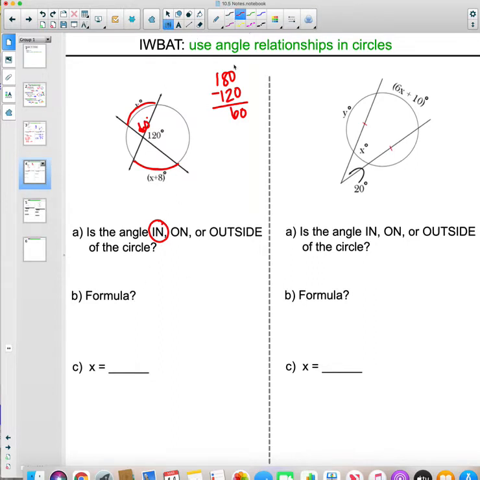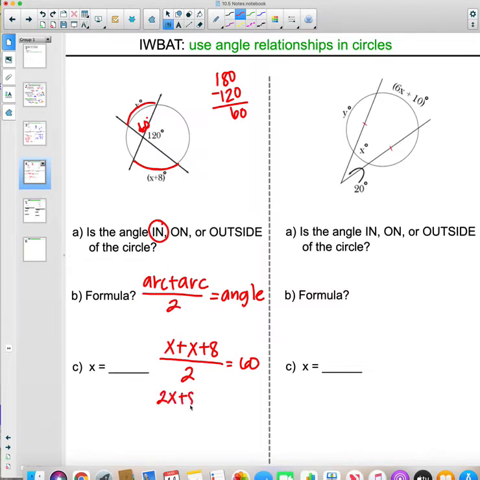And then the formula is arc plus arc divided by 2 equals the angle when it's inside the circle. So we'll take the arc, x, plus the other arc, x plus 8, divide it by 2, and it'll equal that angle on the inside, 60. So now we'll combine our like terms up top. So we have 2x plus 8 divided by 2 equals 60. I'm just going to make this into a proportion so that I can cross multiply.